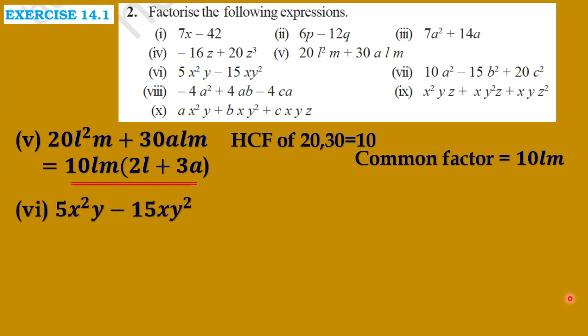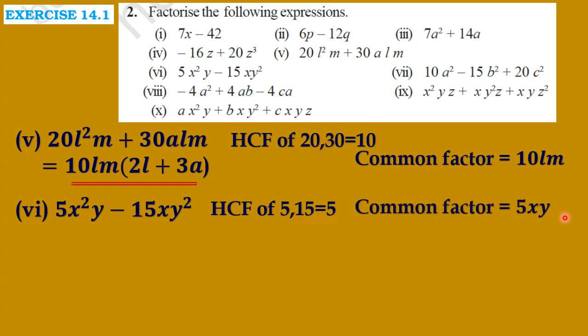Question 6. 5x square y minus 15xy square. So HCF of 5 and 15 is equal to 5. Now, here x square, here x, so x is common. Here y square, so y is common. So xy.